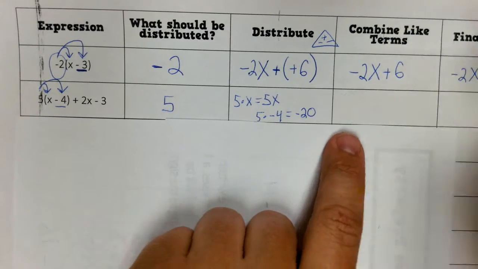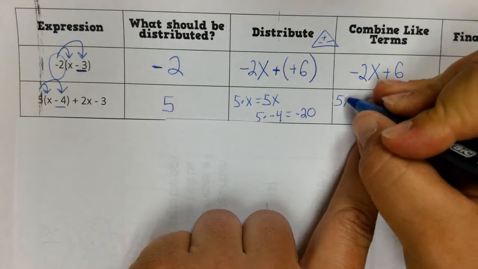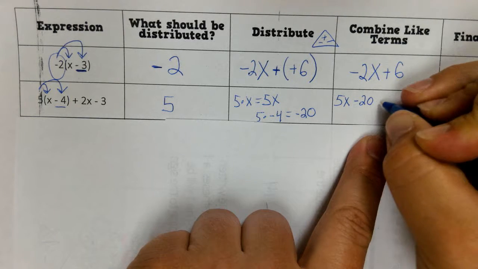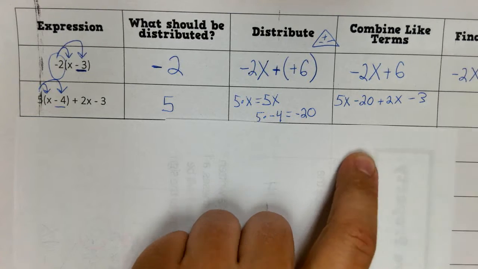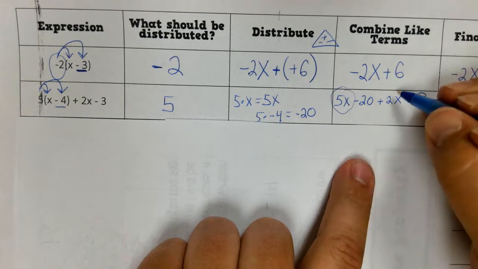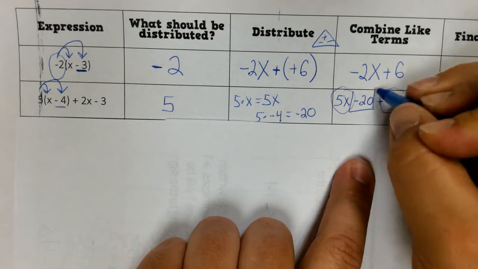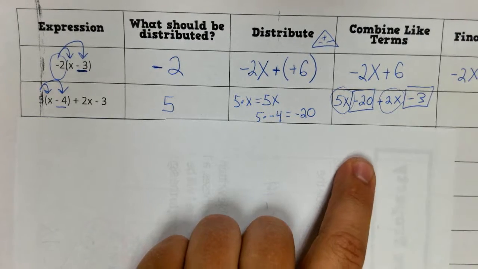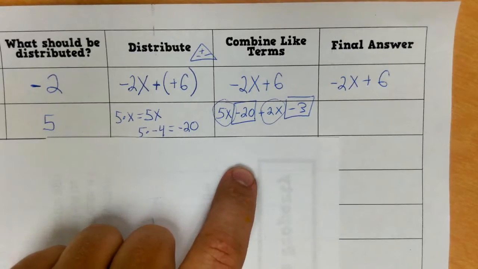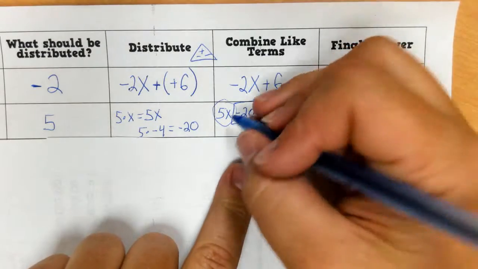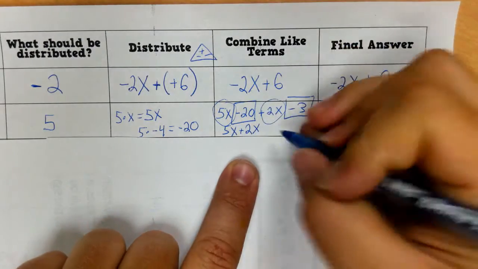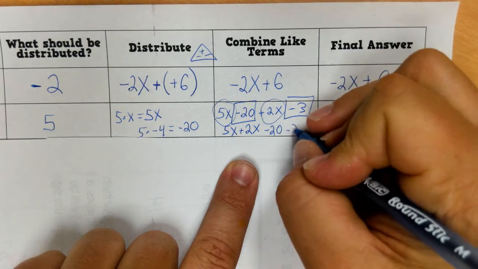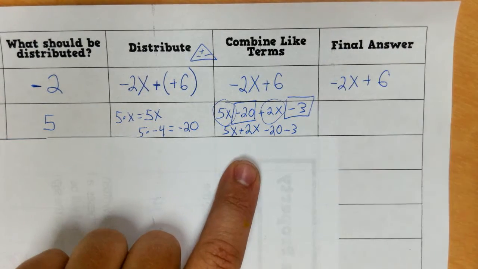Now I have 5x minus 20 plus 2x minus 3. I'm going to circle the ones that are the same, box the ones that are the same. So I have 5x plus 2x minus 20 minus 3.